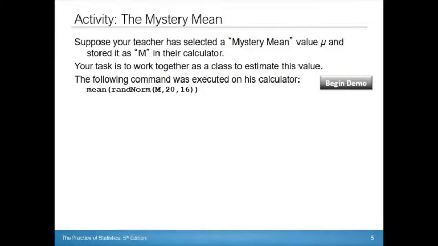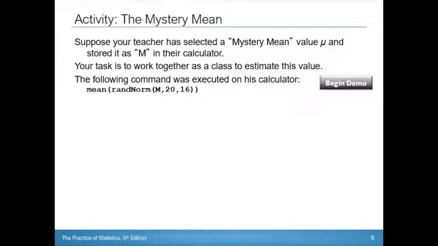All right, so let's pretend that I have what we refer to as a mystery mean. I have created some mean value, I'm calling it M, and I stored that value, whatever it is, in my calculator. In your calculator under math, probabilities, you have an option that is random norm.